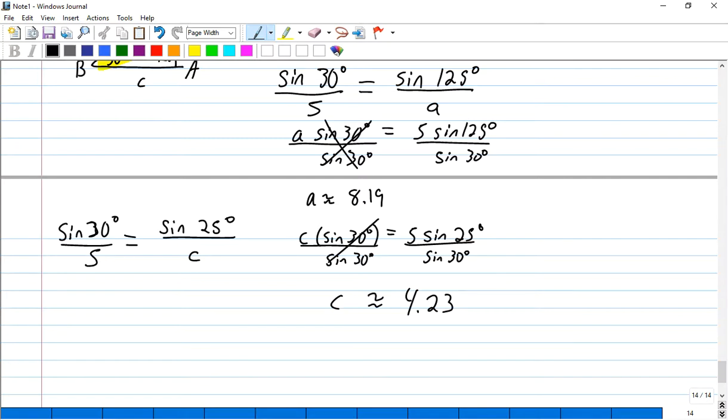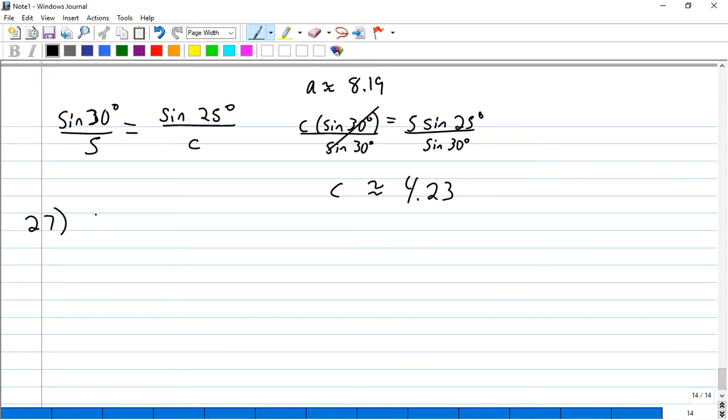Alright, so this is number 27. We're given that angle B equals 88 degrees, side B equals 4, and side A equals 25. So remember, this is called the ambiguous case when you have one angle measure and two sides.